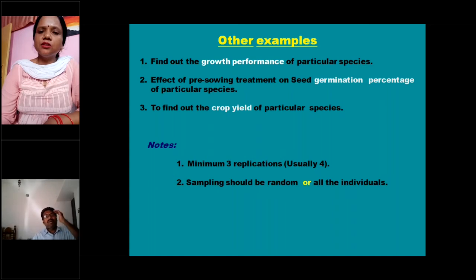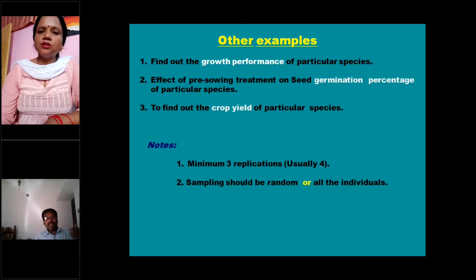So for these experiments, you might be aware that the experiment must be carried out with a minimum of 3 replications, usually 4. The second condition is that the sampling should be random, or if possible, collect all the individuals from the area for sample collection.